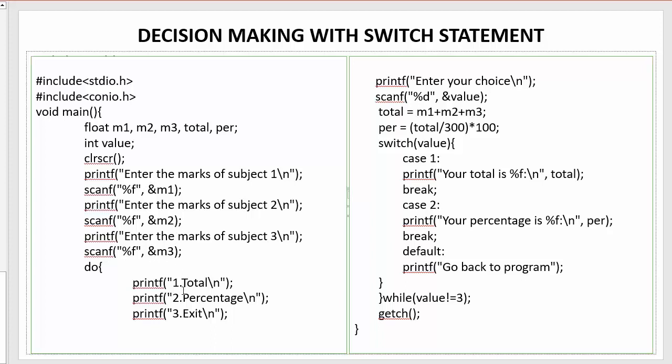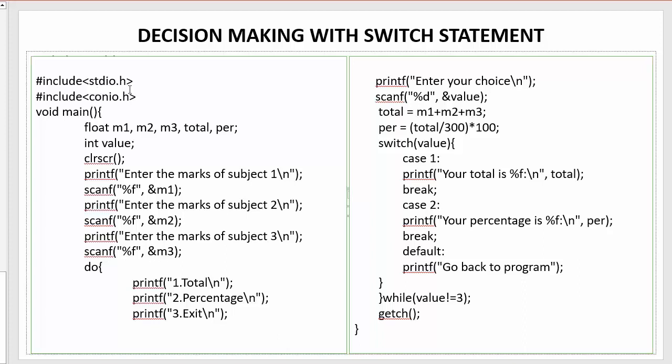Then, once the user enters the marks, 3 options will be displayed to the user: total, percentage and exit, and the user will select any of the options. Suppose the user selects 1, then the total will get displayed. Suppose next time the user selects 2, then the percentage will be displayed. Suppose the user wants to exit, then the user will press 3 to exit and go back to the code. So this is the output of this program.